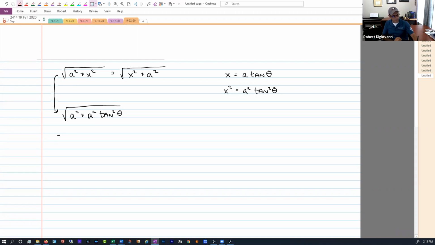Factor out an a squared, and we'd be left with 1 plus tangent squared theta, which by definition is secant squared theta. And so the square root of that is just a secant theta.